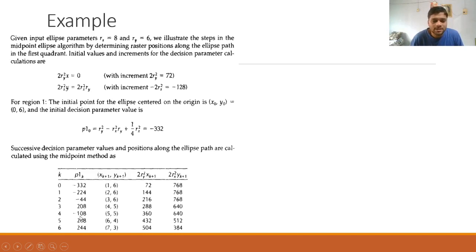The fifth iteration, k value 4, again we get a negative value, so we increment x and do not decrement y. In the sixth iteration we get a positive value, so we decrement y and the coordinate becomes 6 comma 4. In the seventh iteration the value is again positive, so we increment x and decrement y, so 7 comma 3.